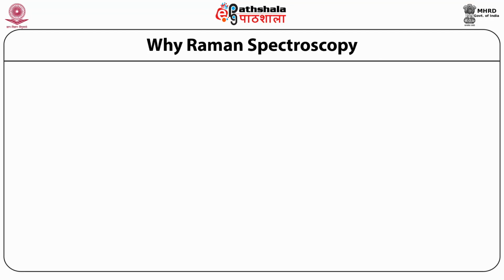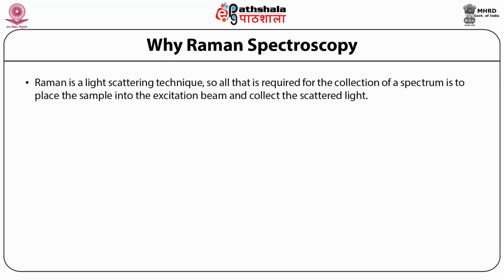Why Raman spectroscopy? Raman is a light scattering technique, so all that is required for the collection of a spectrum is to place the sample into the excitation beam and collect the scattered light. There are few concerns with sample thickness and little interference from the ambient atmosphere, so there is no need for high vacuum or desiccated sample holders.